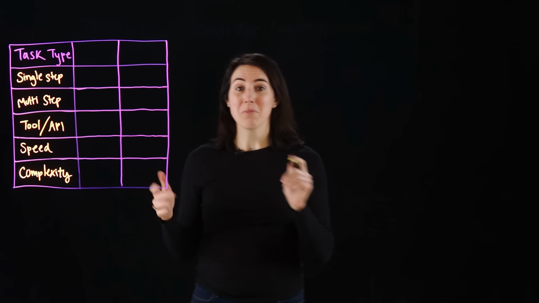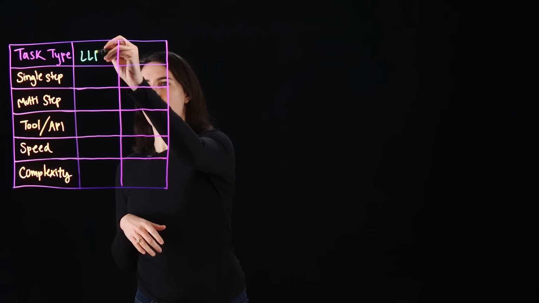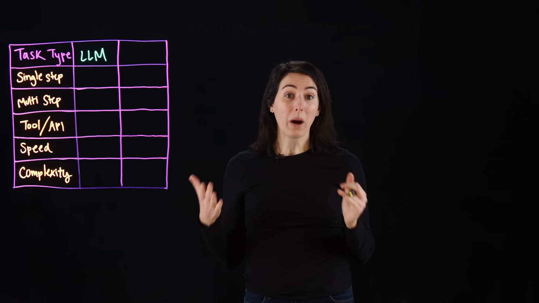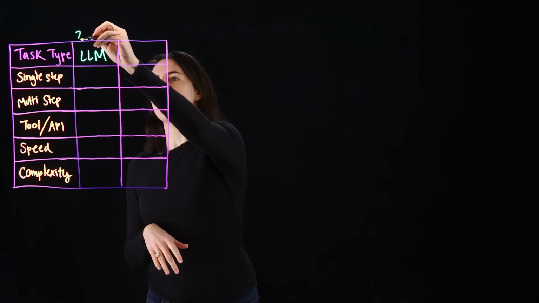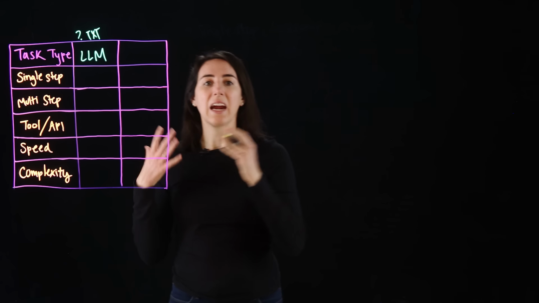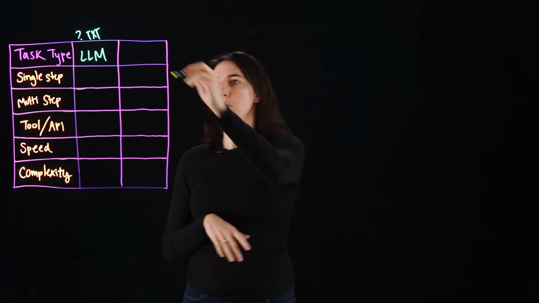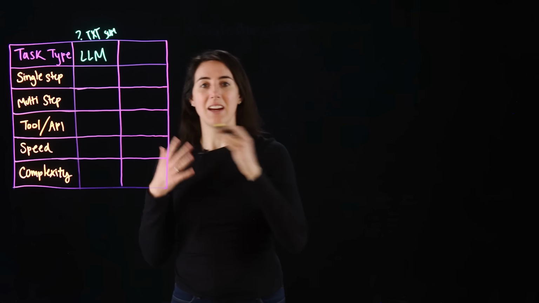So a large language model, otherwise known as an LLM, like GPT-4, is great at answering questions, generating text, and summarizing or translating all in one go, and you would ask and it answers.